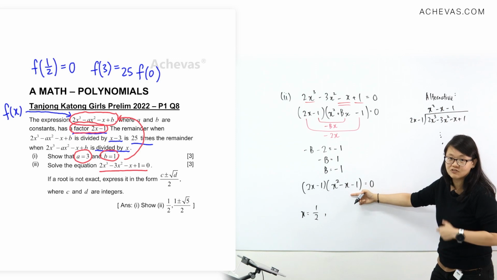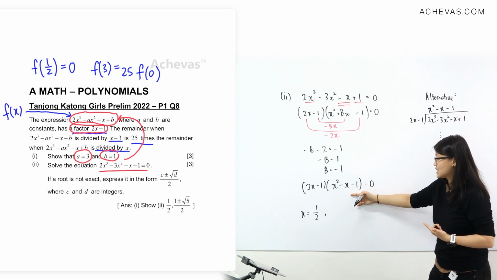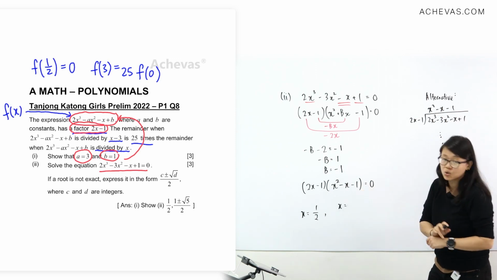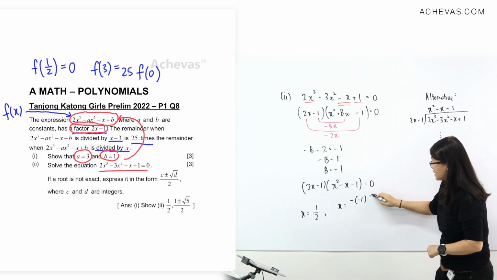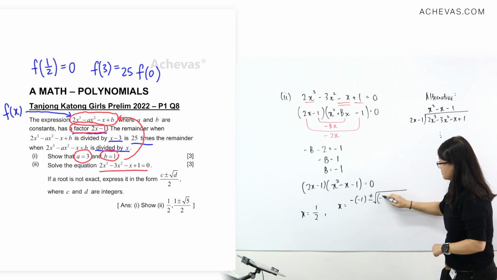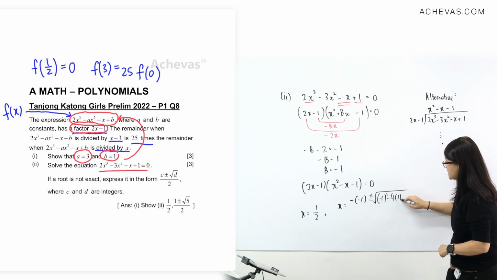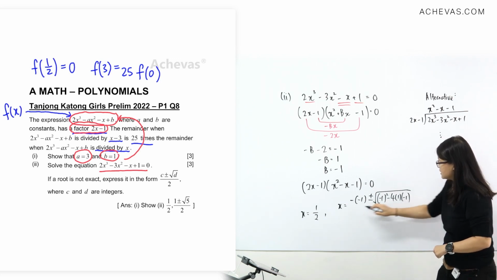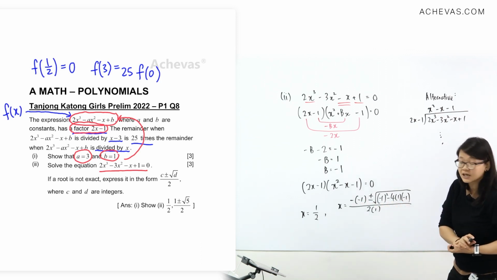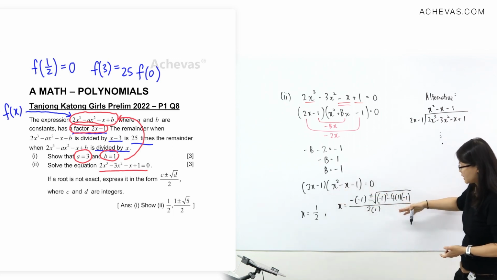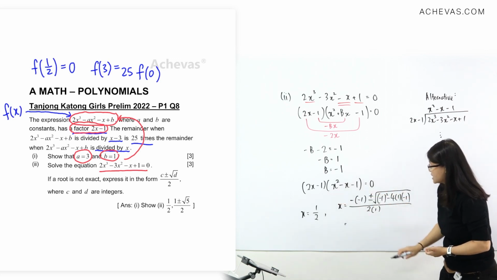You have a quadratic. If you can't factorize into a nice answer, let's apply the quadratic formula to find the roots. We have minus b plus minus square root of b squared minus 4ac, divided by 2 times a. Let's just plug in a, b, c and apply the quadratic formula. Next, let's simplify this.